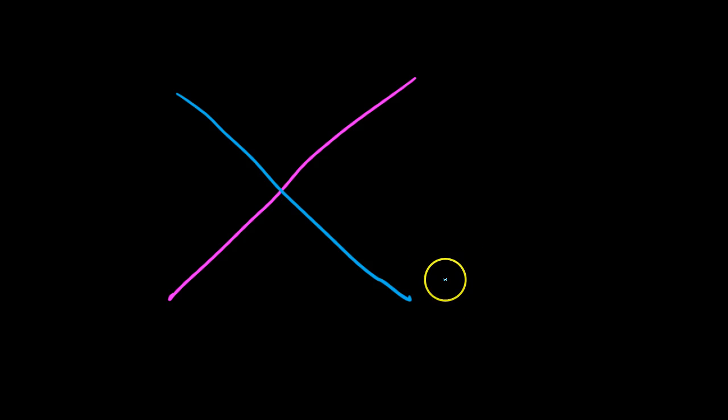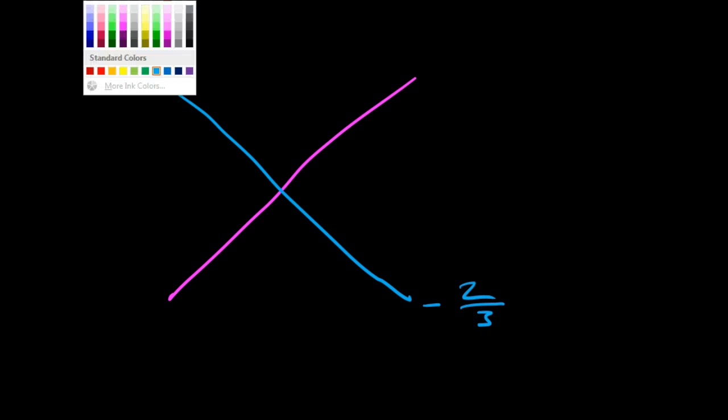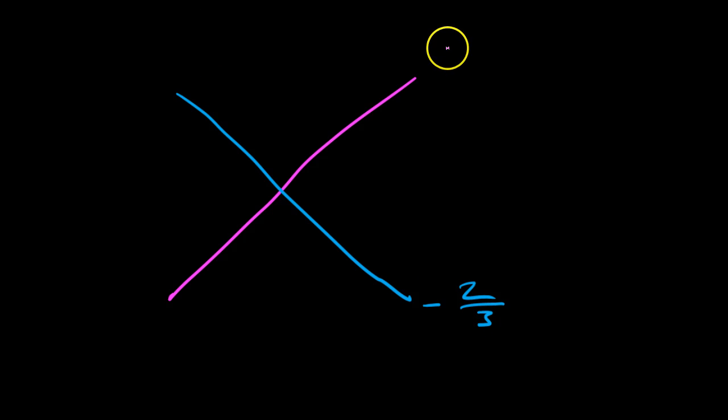So for example, if I know that this has a slope of -2/3, and if I know that the pink line has a slope of +3/2, then we know that these are in fact perpendicular because their slopes are opposite and reciprocal. 3/2, 2/3, one's positive, one's negative. So if they're opposite and reciprocal, you know they're perpendicular. So now let's look at the slopes that we have now.